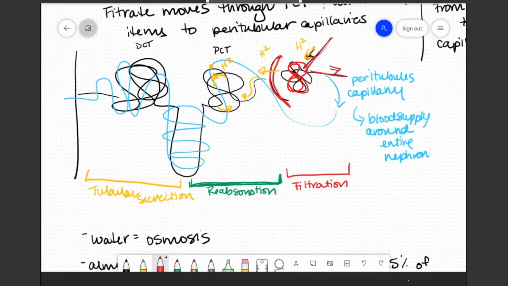Tubular secretion is a process where you are secreting out of the blood, essentially secreting whatever you need to out of the blood back into the nephron. So when you're looking at this nephron and the process of urine formation, it's easier to think of it as into the blood and out of the blood, or into the nephron and out of the nephron, because it goes back and forth through a 3-step process.